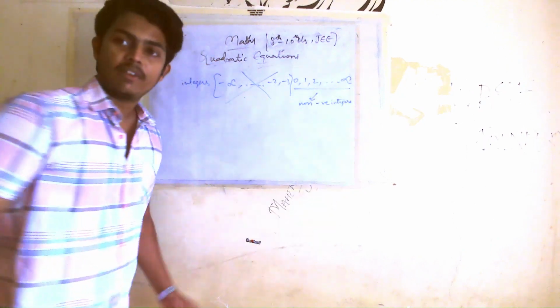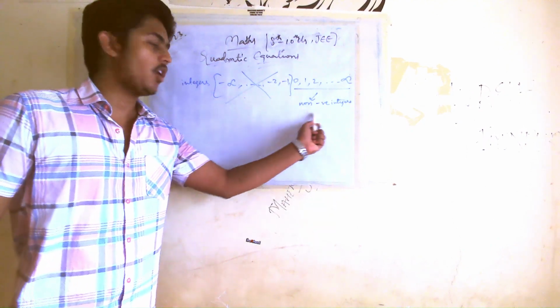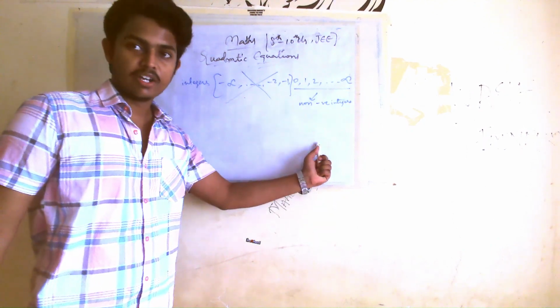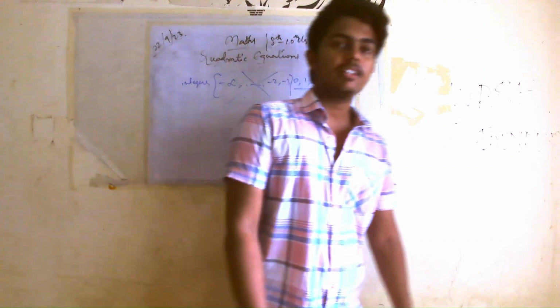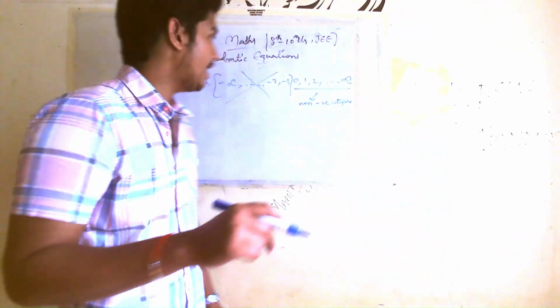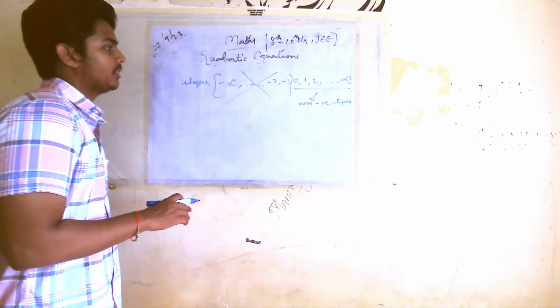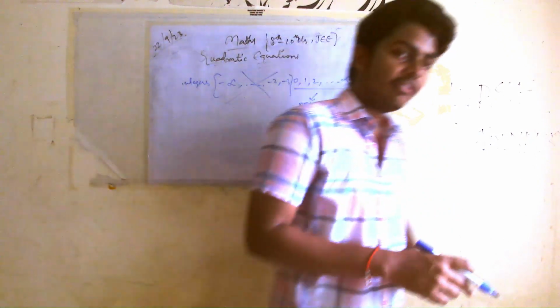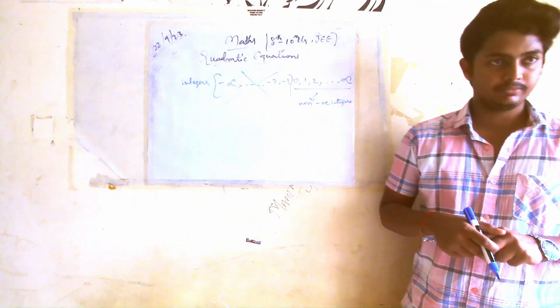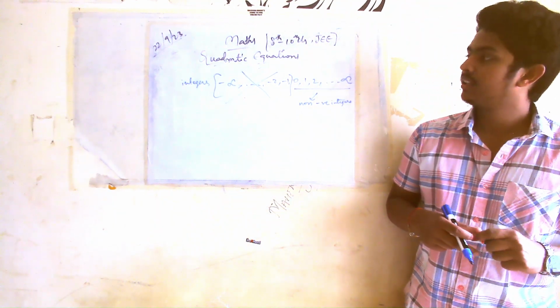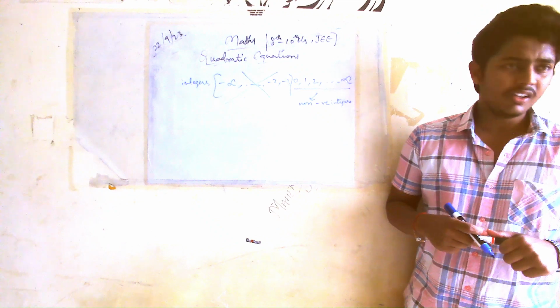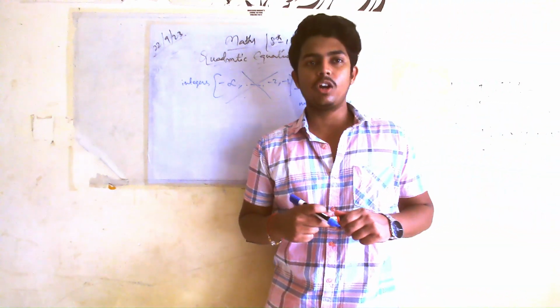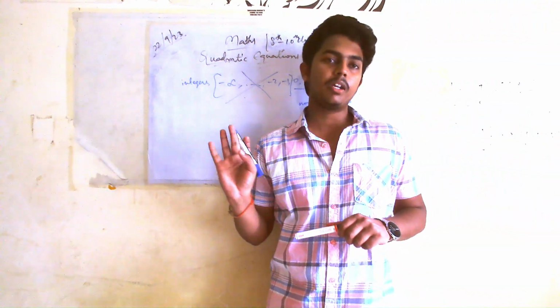So, our variable to the power of these non-negative integers in the equation, along with some constants or whatever it is, is called a polynomial equation. And if the degree is 2, then we'll say it's a quadratic equation. We have different types of equations in polynomials: linear, quadratic, cubic and so on.